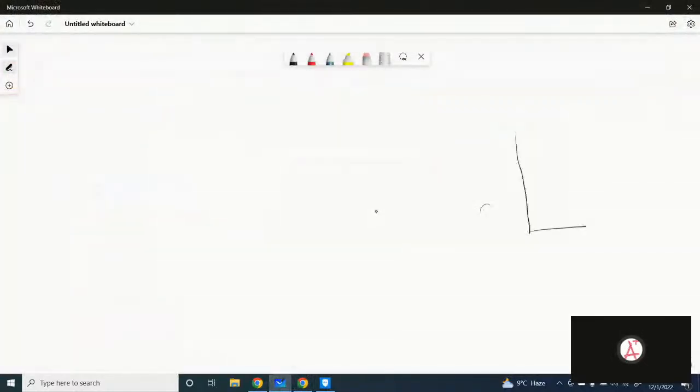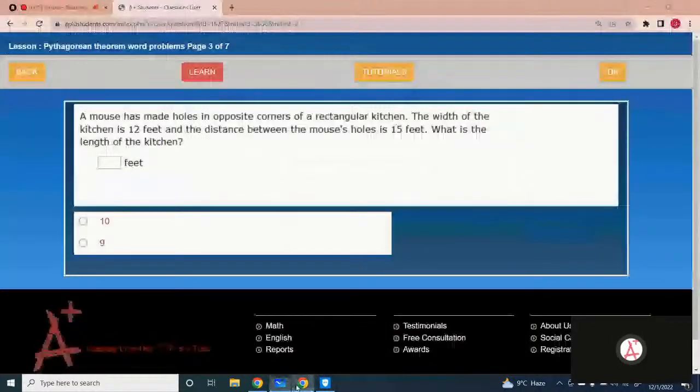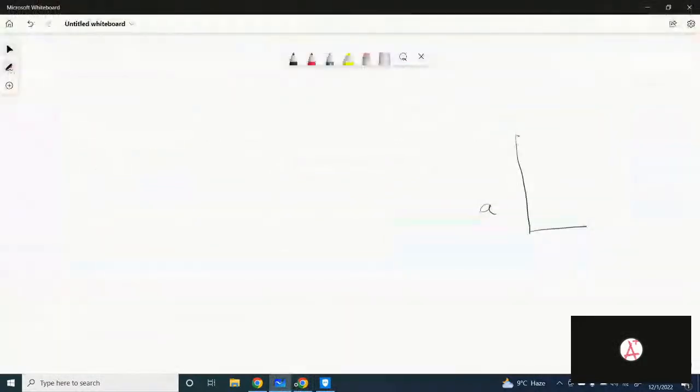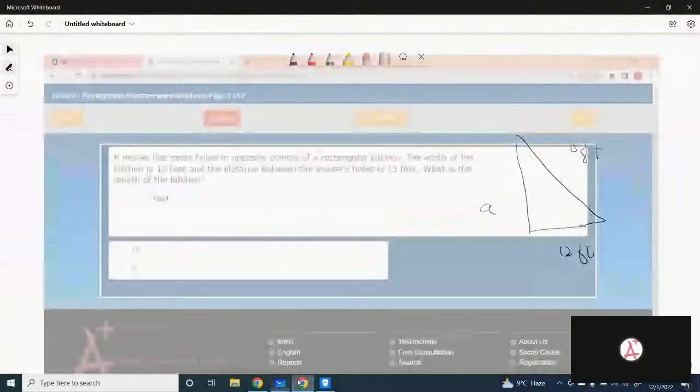The distance between the two holes is 15 feet, and the width of the kitchen is 12 feet. Let me just confirm. Yes.